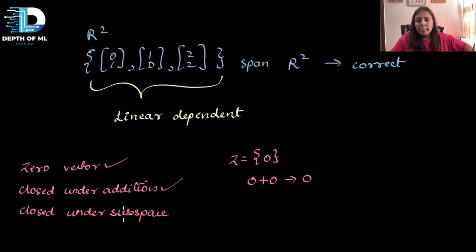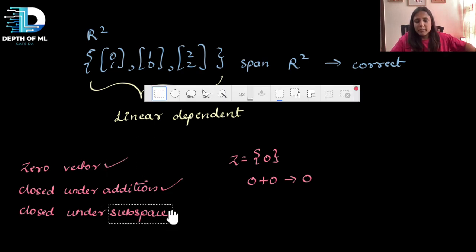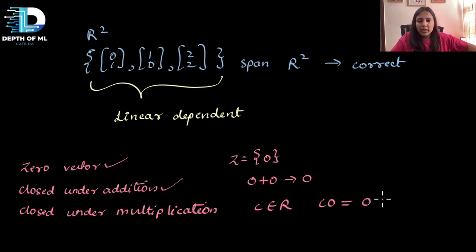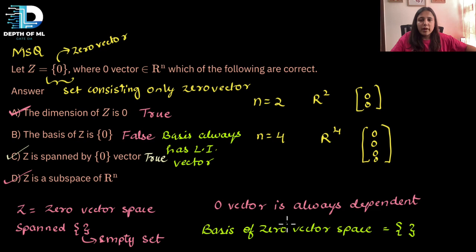Now for multiplication: if I take any c that belongs to R and take c times 0, that will be 0, and 0 already belongs to Z. So this is closed under multiplication also. So this is a valid subspace of Rn. The 0 vector space is a subspace of Rn.